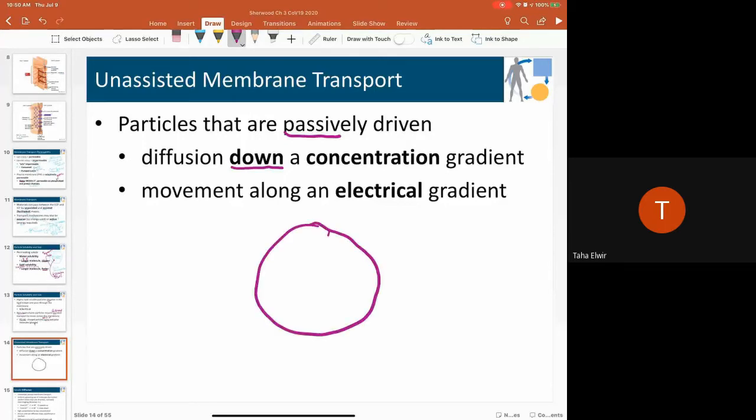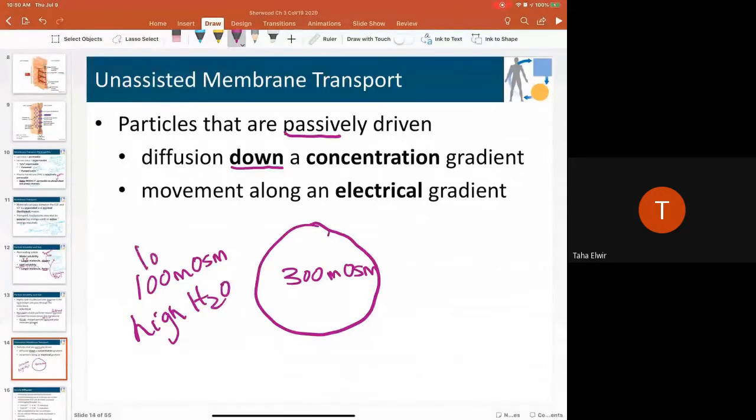If we have 100 milliosmoles out here and 300 milliosmoles inside the cell, we have high water concentration out here, low solute concentration. So this 100 milliosmoles is referring to the solute concentration.